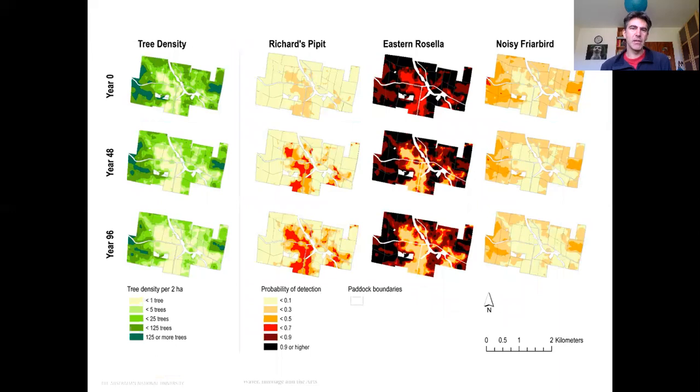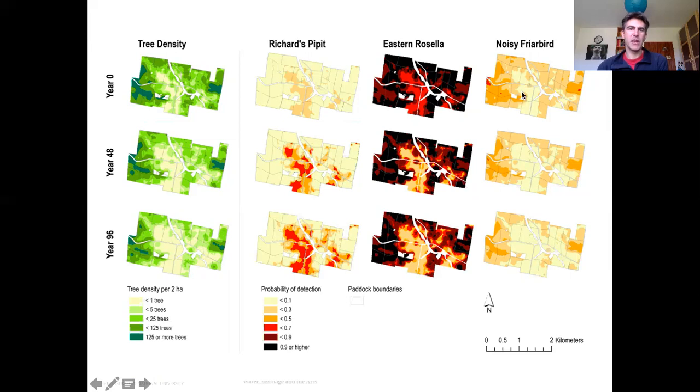We can see that here. So for example, tree density is predicted in this particular farm to change like that. The dark green is the most densely treed area. So trees are going to be thinner and thinner. As that happens, a grassland species like Richard's pipit finds increasingly larger areas of suitable habitat. The eastern rosella likes scattered tree environments, and it therefore will decline a bit, but not very much.